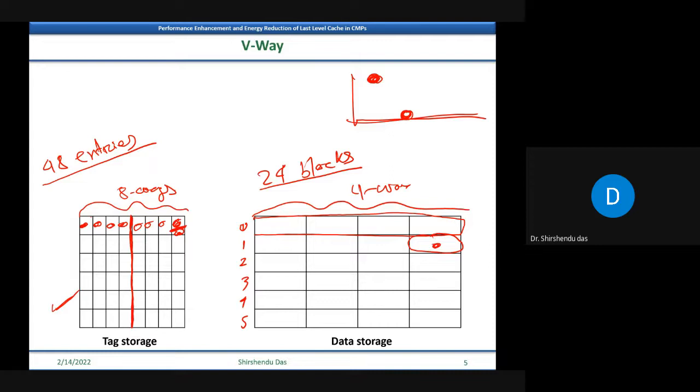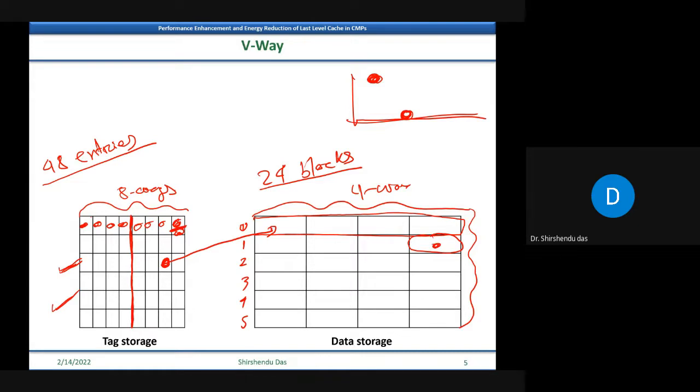But the challenging part is the replacement policy for data storage, because you can see in the data part we are not maintaining any associativity. Any block can be placed in any location, right? It may be possible that this location is now associated with this location, because in the data part we are not maintaining any associativity.